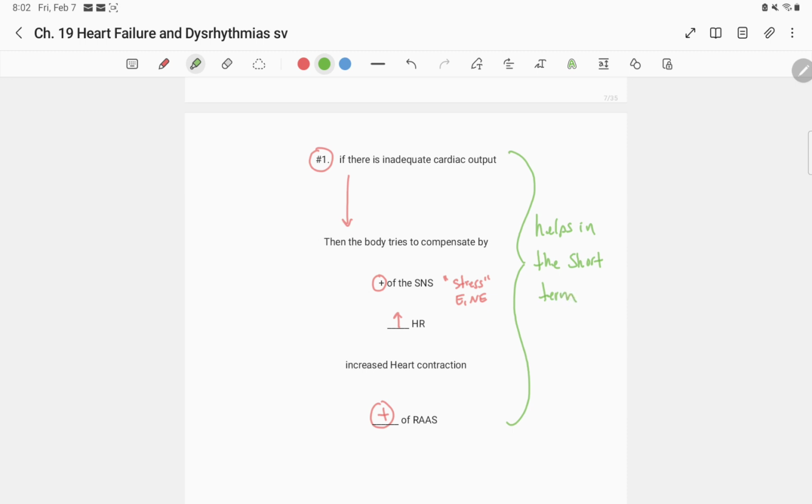Okay, these compensations help in the short term. So if there's inadequate cardiac output, which by the way, that's CO, and your formula is stroke volume times heart rate gives you cardiac output, the body will activate its sympathetics to help compensate for that low cardiac output. So it helps in the short term.